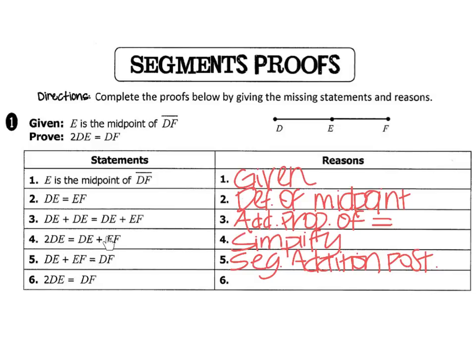So if A equals B, and B equals C, then A equals C. Both of these equal DE plus EF. So therefore, we can say 2 times DE equals DF because of the transitive property. And because we're dealing with equal signs, it's the transitive property of equality. And you're done filling in your reasons for your first segment proof.